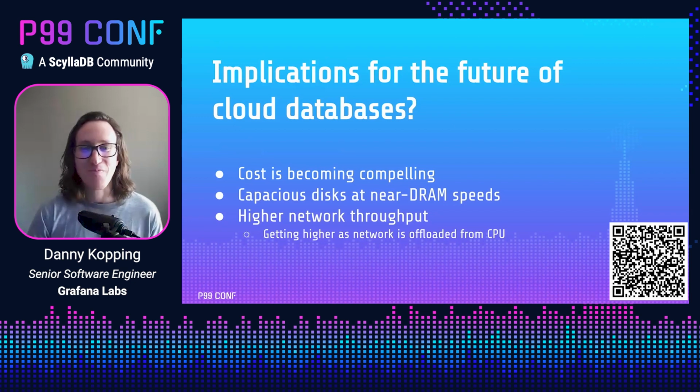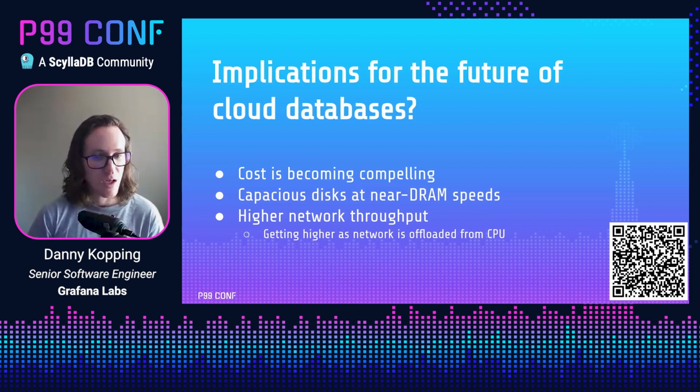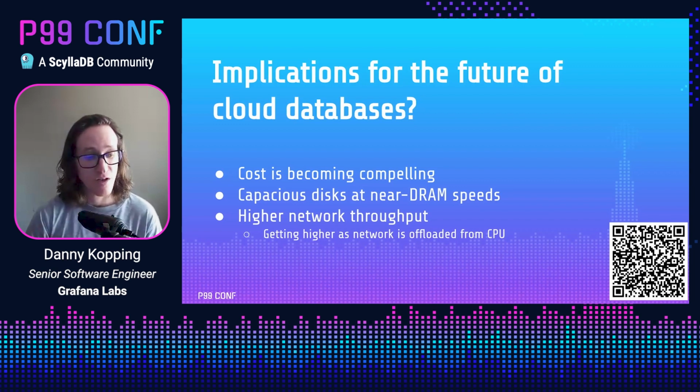To finish off, I want to talk a little bit about the implications for the future of cloud databases. We see that the cost is starting to become quite compelling now for using SSDs at really large scales. And because their speed is approaching DRAM speed as well, this is really starting to force at least us to start reevaluating some of the broadly held assumptions about when you can spill to disk and what the performance implications are.